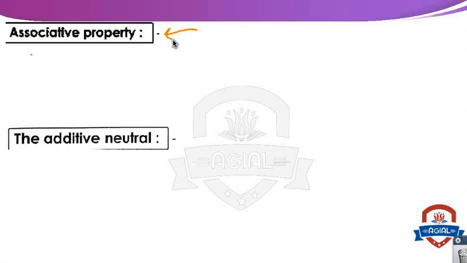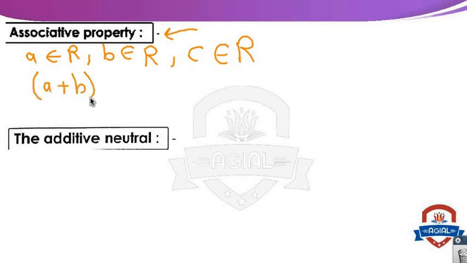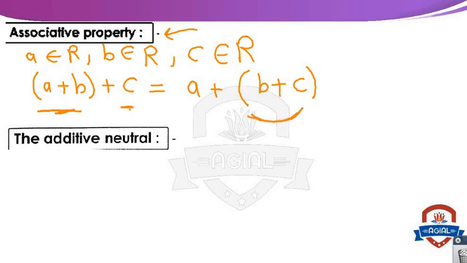If we have three numbers, A, B, and C belonging to R, then if we add A plus B first, then add C, it equals A plus, in the bracket, B plus C. We add the two numbers in the bracket first, then add this number to C. Or if we have B plus C in the bracket, then we add this number to A.